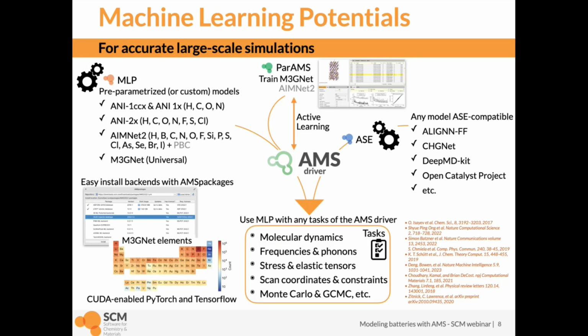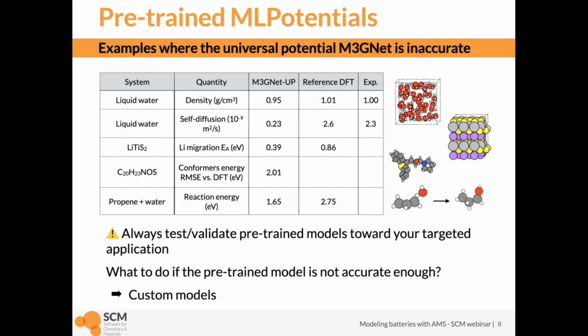And so again, those machine learning models are in general pretty abstract black boxes. So it's great that they come with universal parameters, but in general, you want to double check what you're doing. Here I'm showing some examples where the model doesn't give you very accurate results. For instance, some dynamical properties of water, some activation energy.